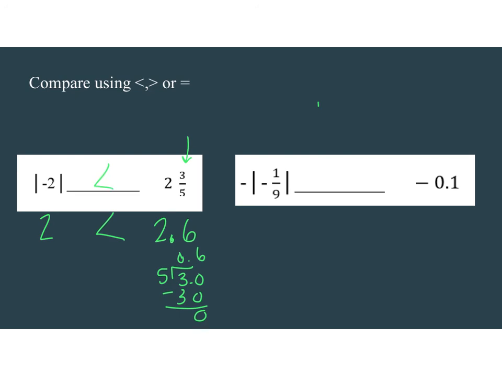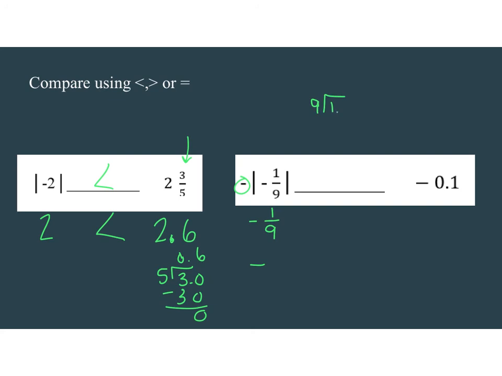And then for the next one, let's first handle the absolute value sign and simplify the number a little bit. So the absolute value of negative 1/9 is going to be positive 1/9. But then we have to take the opposite of that, which is going to be negative 1/9. So we've got negative something. We need to figure out what it is as a decimal. So we're going to see how many times 9 can go into 1.